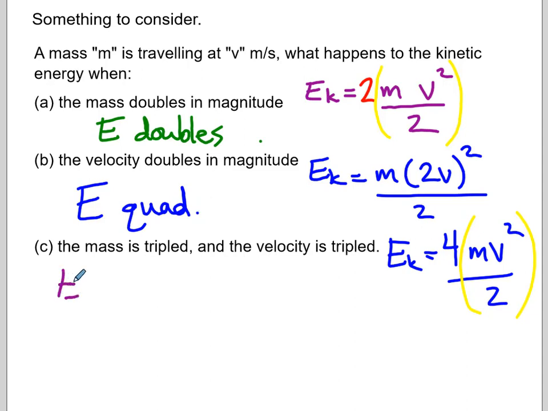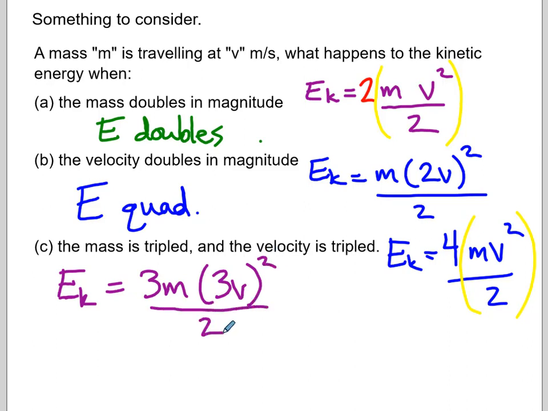So now I'm going to take that mass and I'm going to triple it. I'm going to take that velocity and I'm going to triple it. And all of that is going to go over 2. Okay, so now if we multiply out this term right here, this is going to become 9v squared.